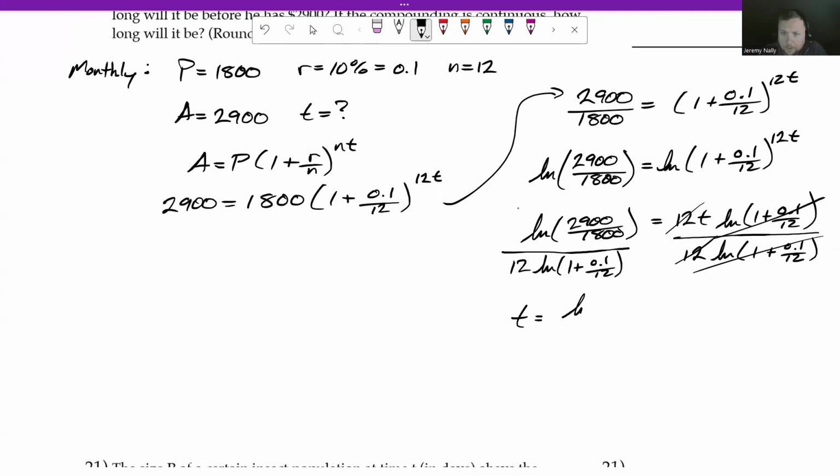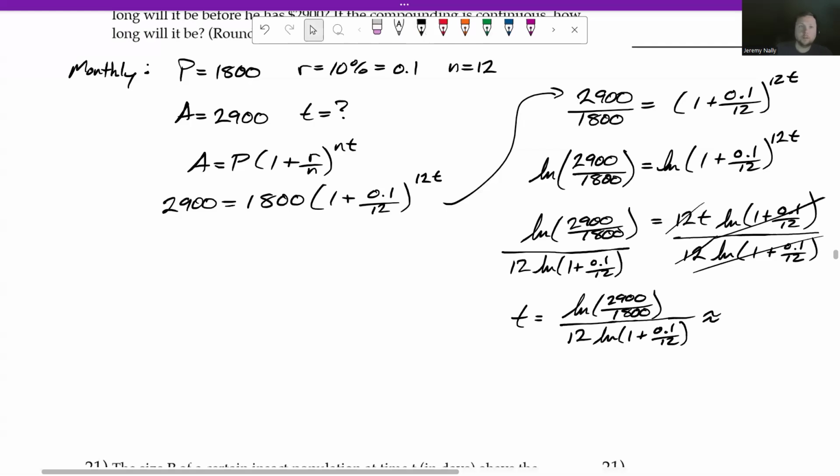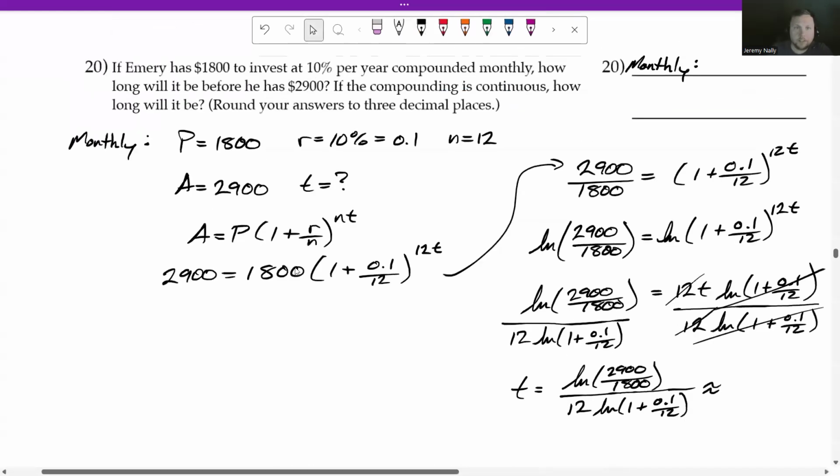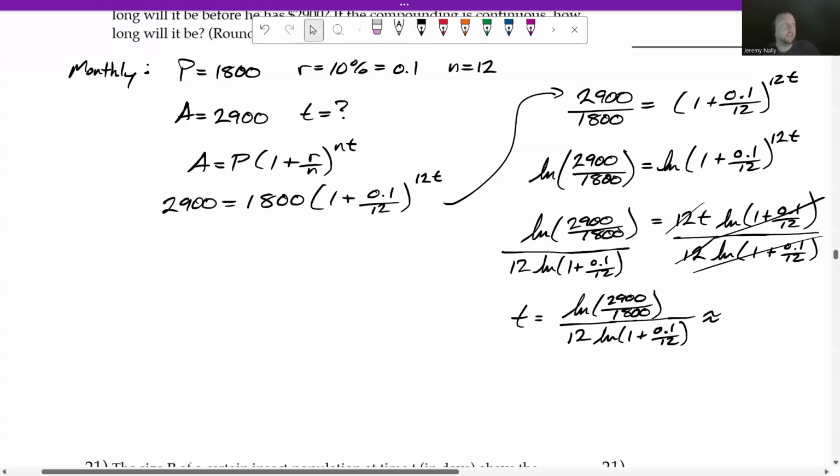So then I end up with t is the natural log of 2,900 over 1,800 divided by 12 times the natural log of 1 plus 0.1 divided by 12. Round to the nearest, okay, so 3 decimal places, so to the nearest thousandth.